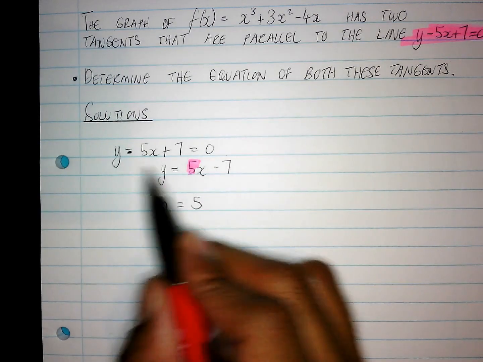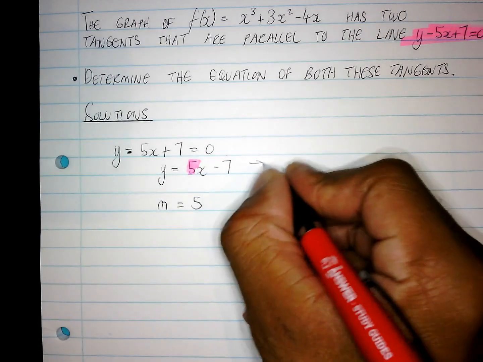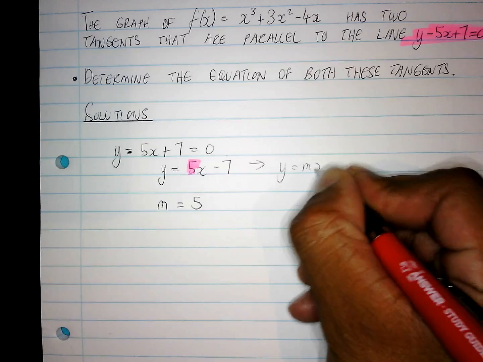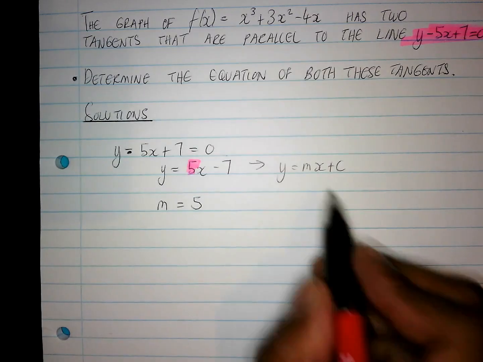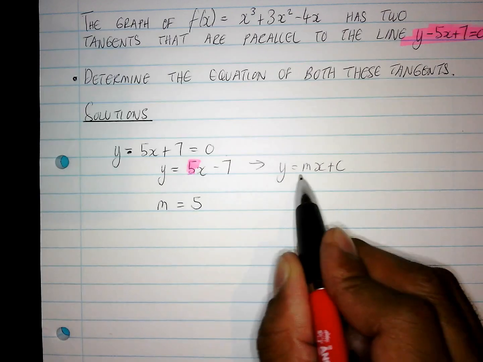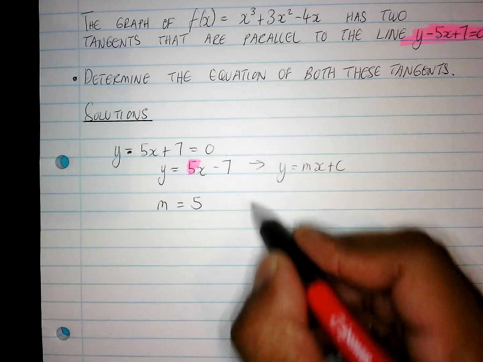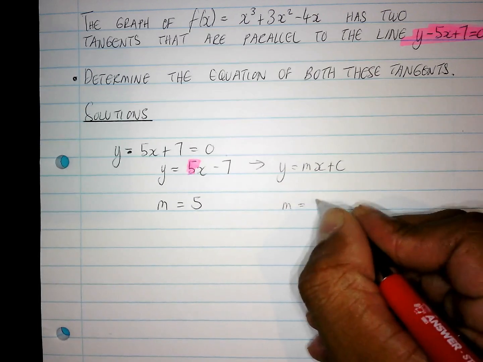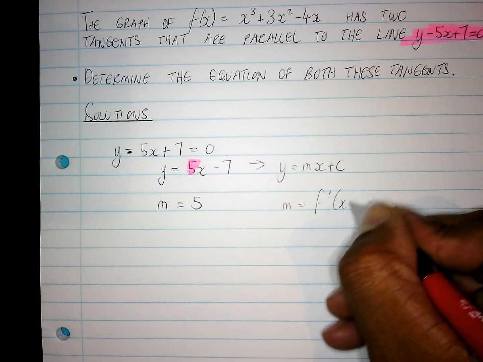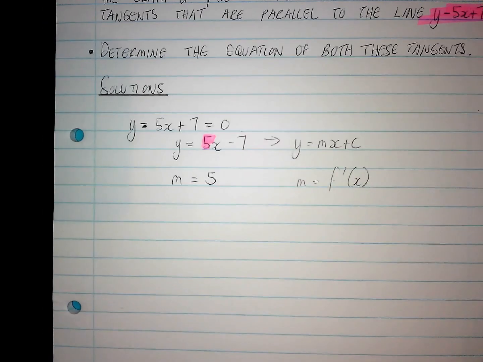So you just have to arrange the given equation and write it in the form of y equals mx plus c. We know that our constant value of c is going to be minus 7, our gradient is going to be 5. So m is equal to 5. But remember that m is equal to the derivative of f with respect to x.